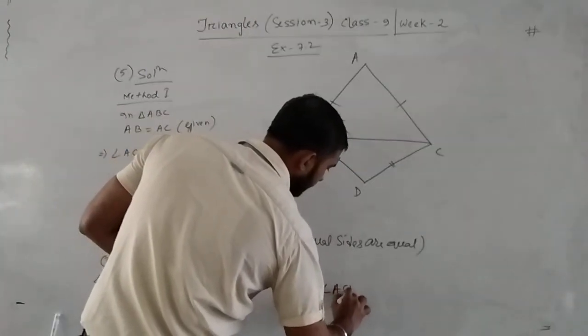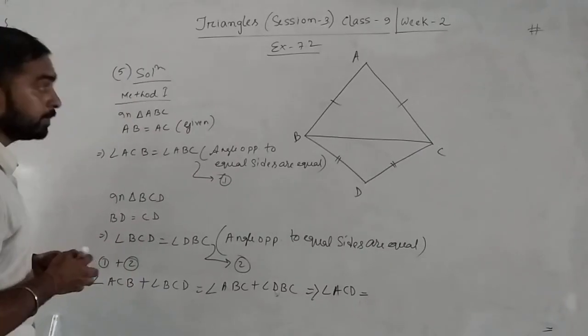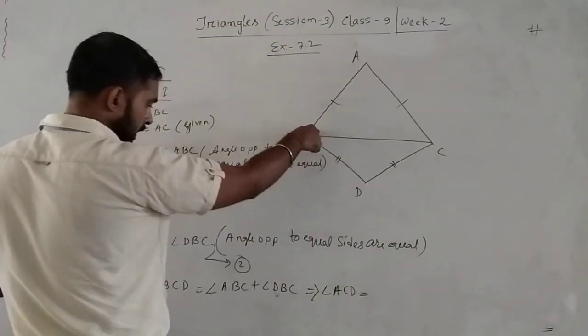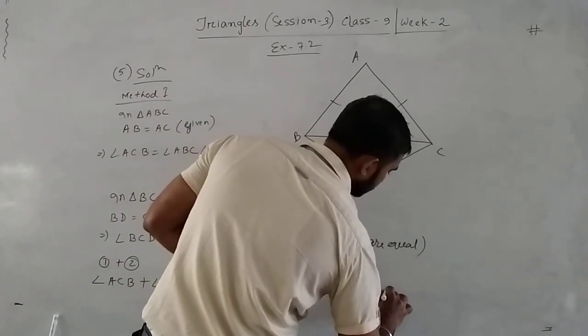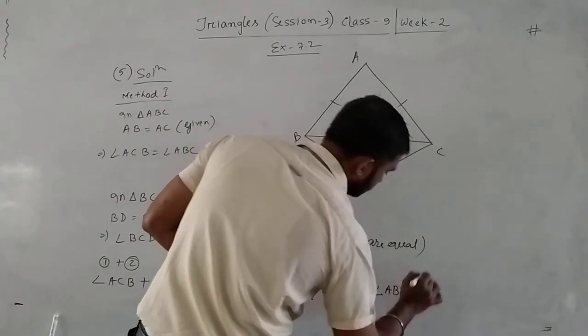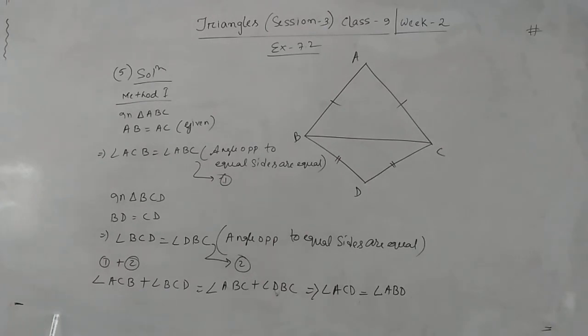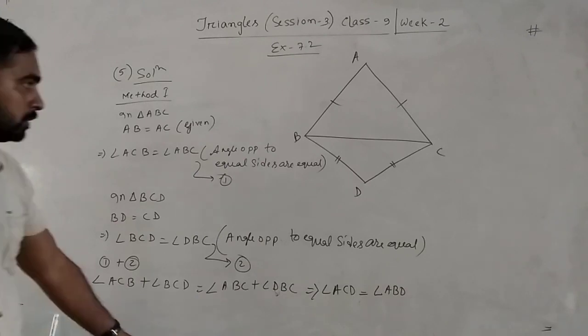Angle ACD equals ABC plus DBC, which means angle ABD. Simple. See method 1.